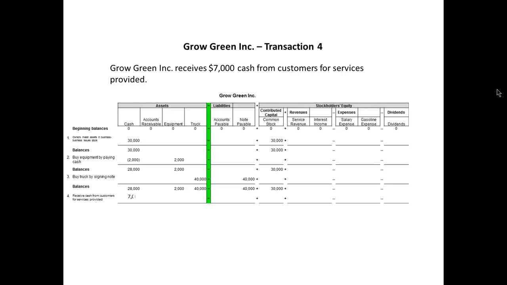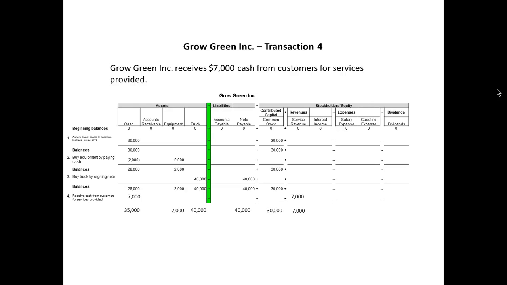Cash is increasing, so we'll enter the $7,000 as a positive amount in the cash column. Grow Green's earnings just increased as well, so we'll enter the $7,000 as a positive amount in the service revenue column. The balance in cash is now $35,000, and the balance in service revenue is now $7,000. The rest of the balances remain unchanged.